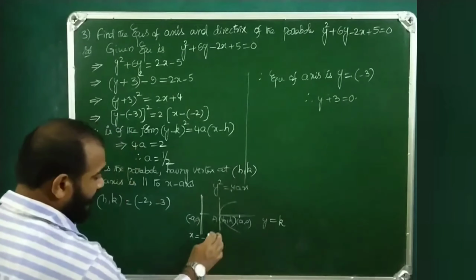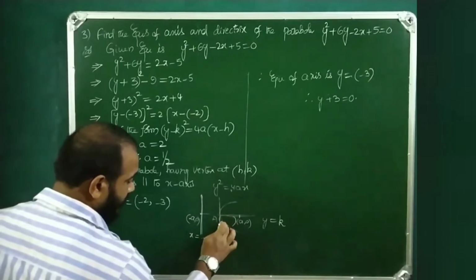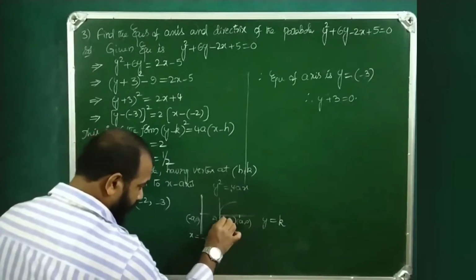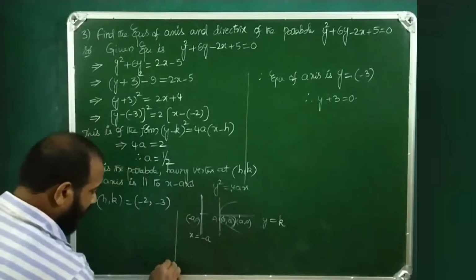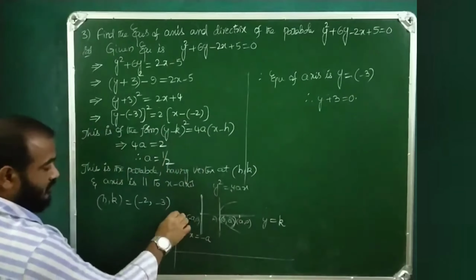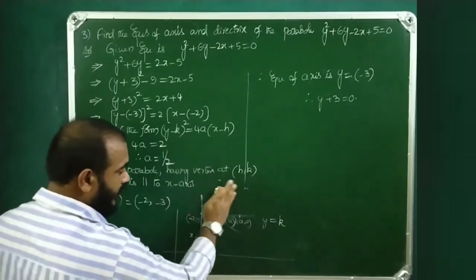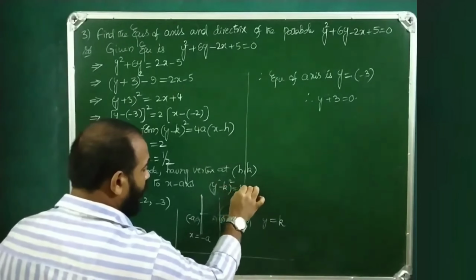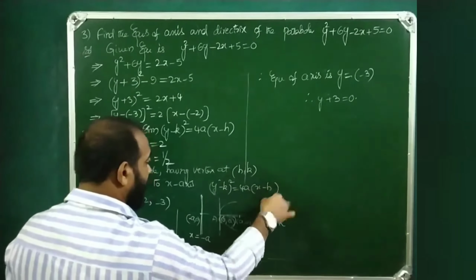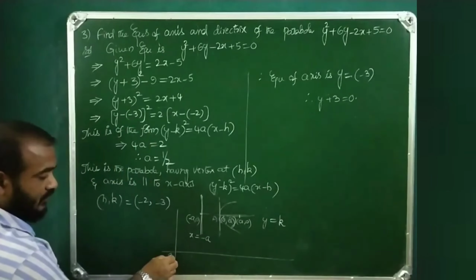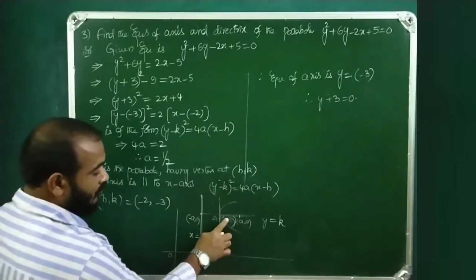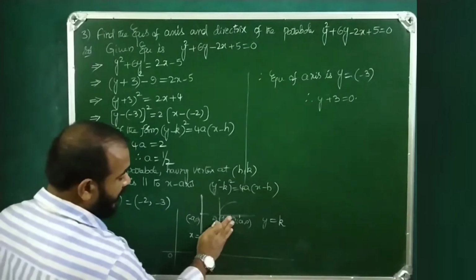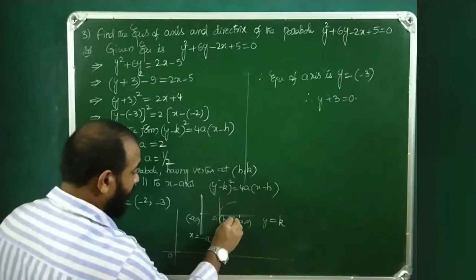But here, this is 0 comma 0 actually. But here, the parabola is not y square equals 4x, it is y minus k whole square equals 4a into x minus h. Therefore, the origin here is shifted to here. Therefore, it is no more 0, 0. This is h comma k.